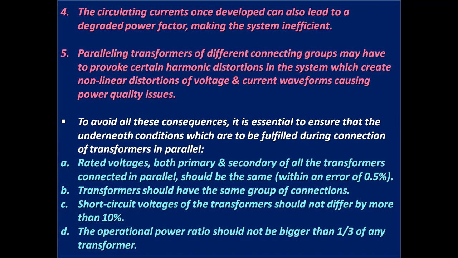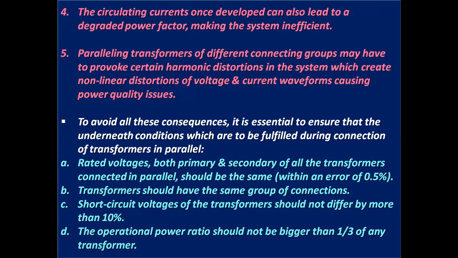Number 5, paralleling transformers of different connecting groups may provoke certain harmonic distortions in the system which create nonlinear distortions of voltage and current waveforms, causing poor power quality issues.